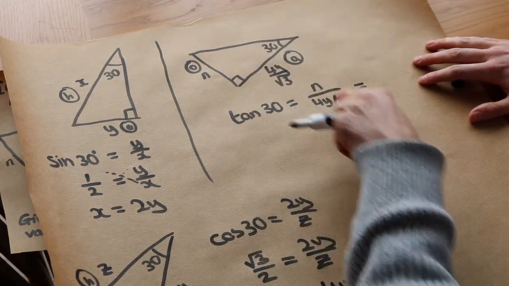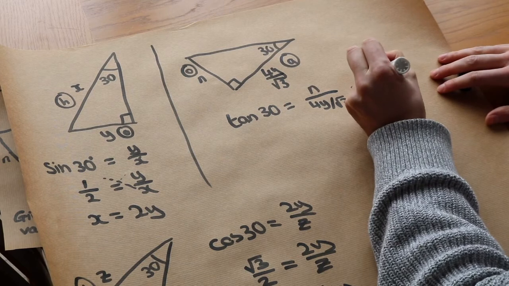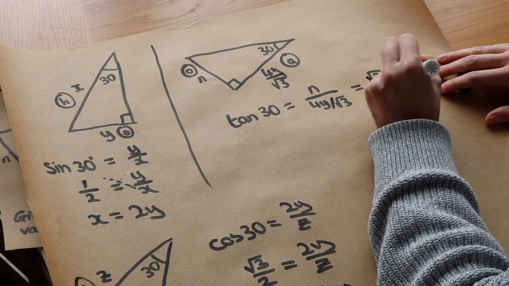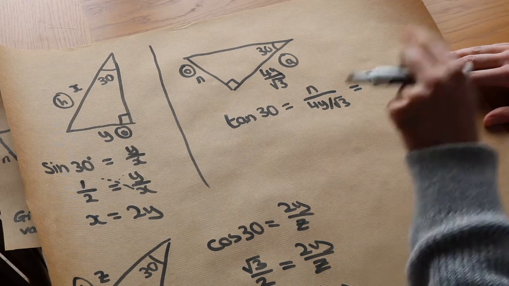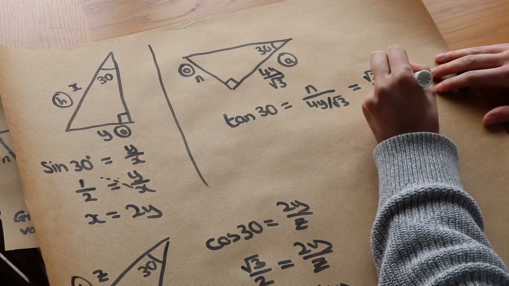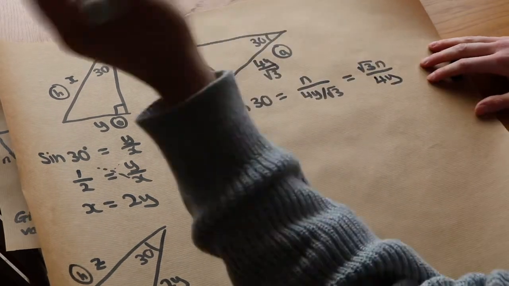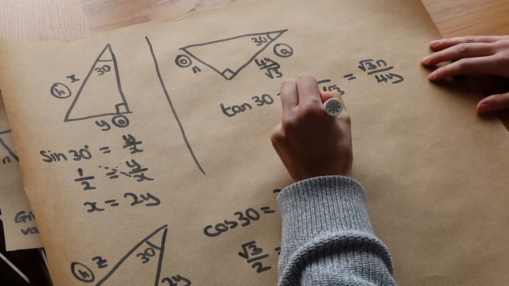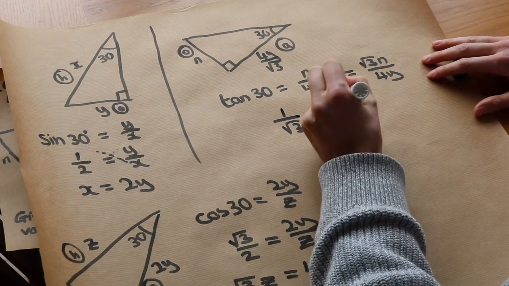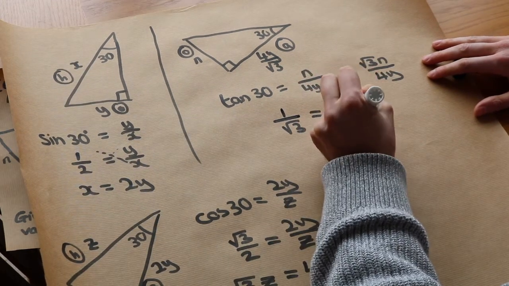So we're going to times top and bottom by root 3. So the top then becomes root 3n, and when we times 4y over root 3 by root 3, that gets rid of the over root 3. So we have 4y. And we know what tan of 30 is. It's 1 over root 3. So we've got 1 over root 3 is equal to root 3n over 4y.